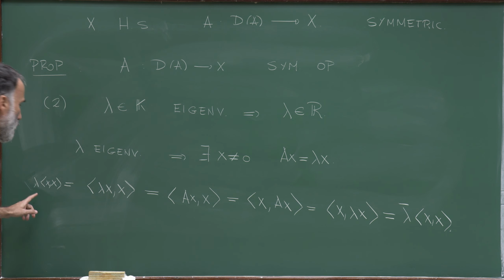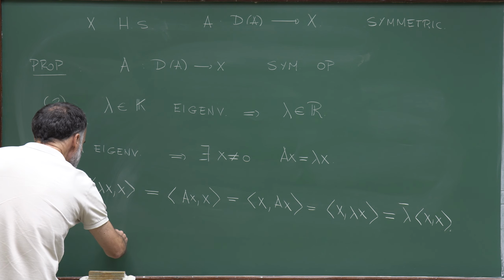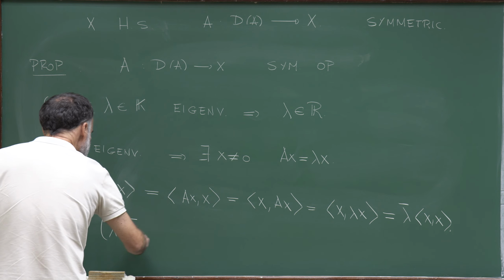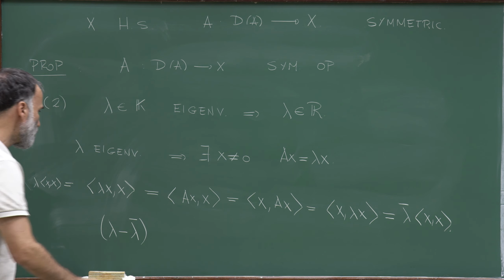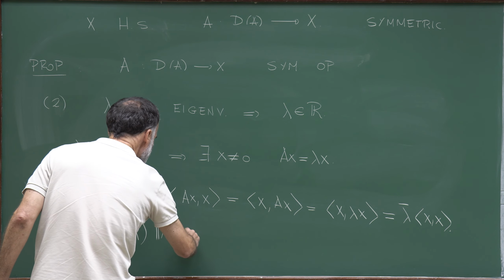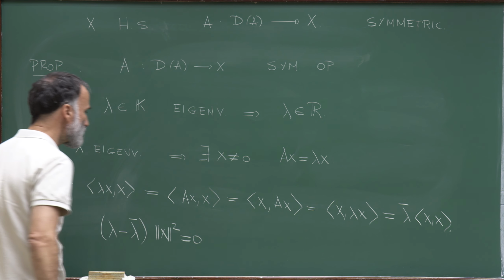So now if you look at this sequence of identities, what we proved is that lambda minus the complex conjugate of lambda, times the norm of x squared, is equal to 0.